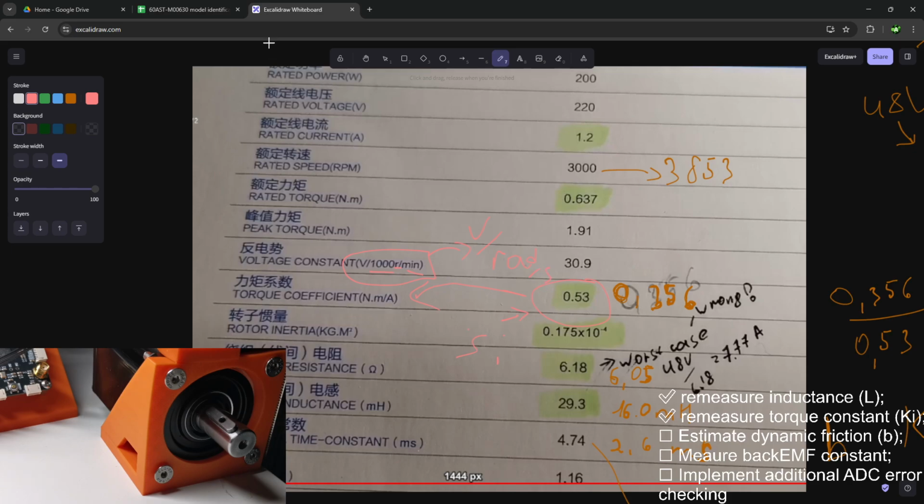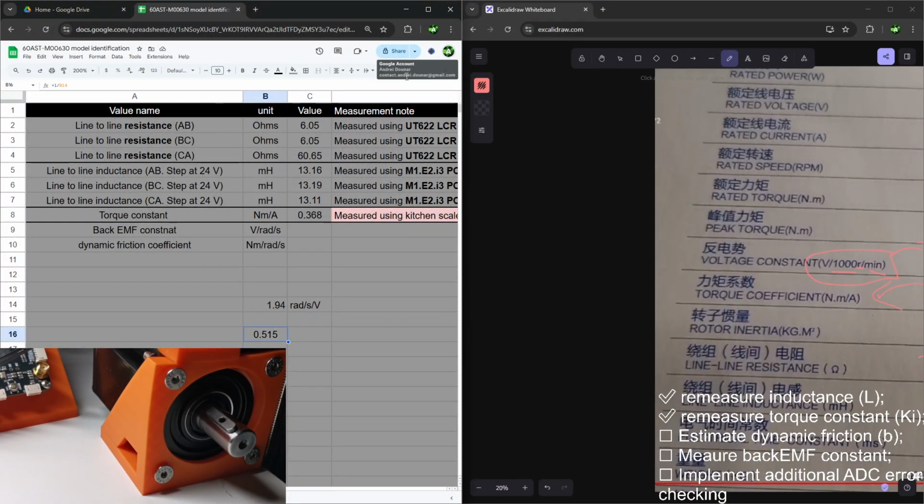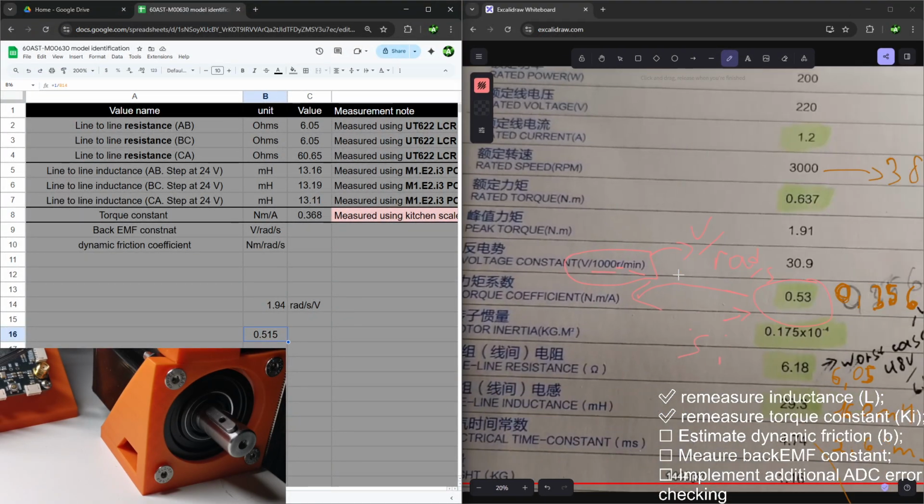So how do we do this? Let's split our screen. This is 30.9. And the measurement value is volts per thousand revolutions per minute. Holy cow. I actually need to move it here because it doesn't even fit.